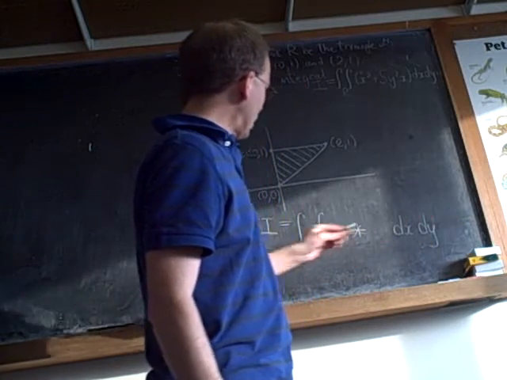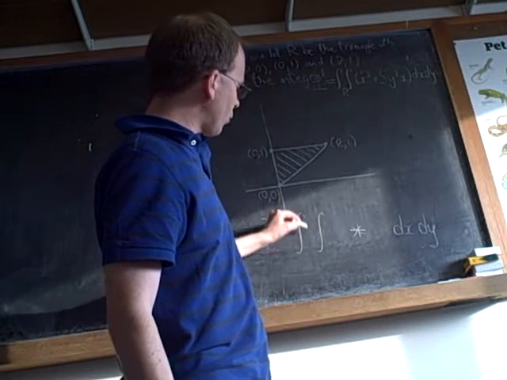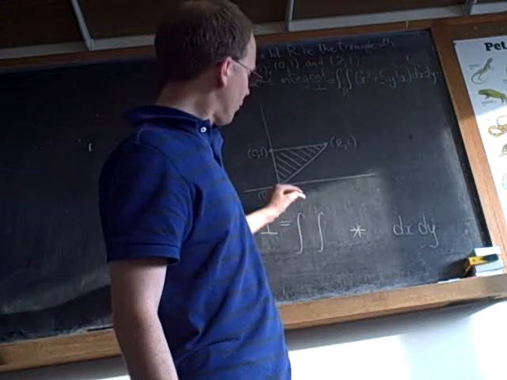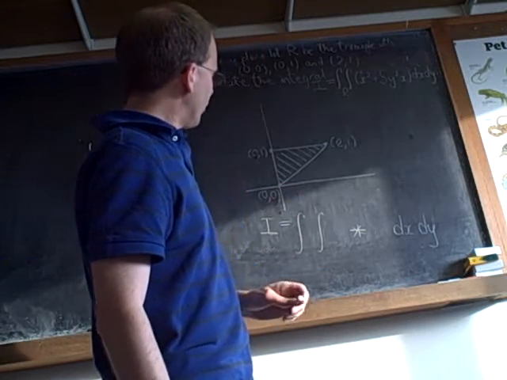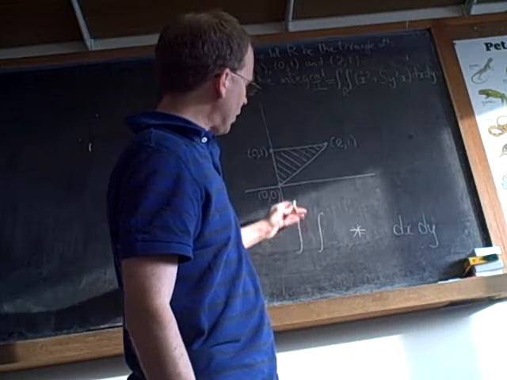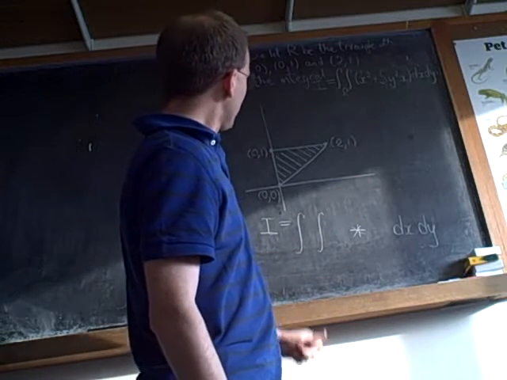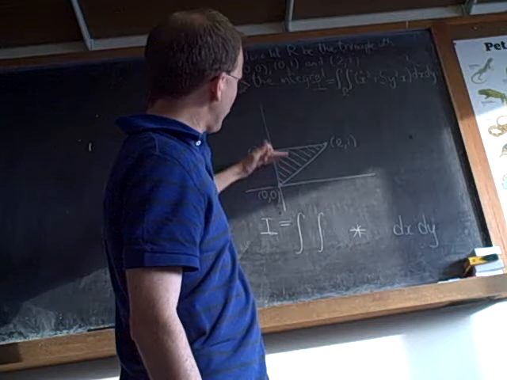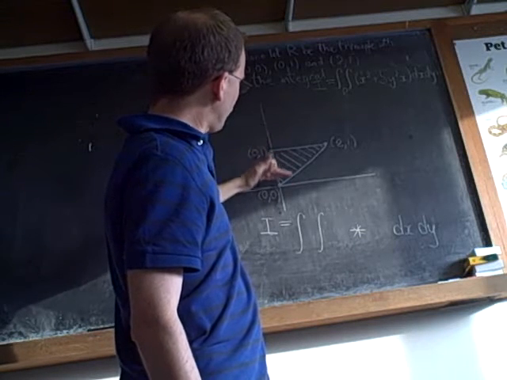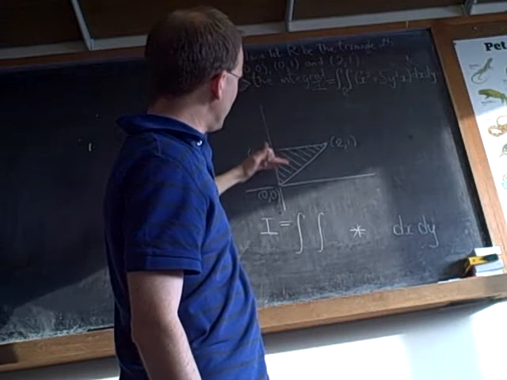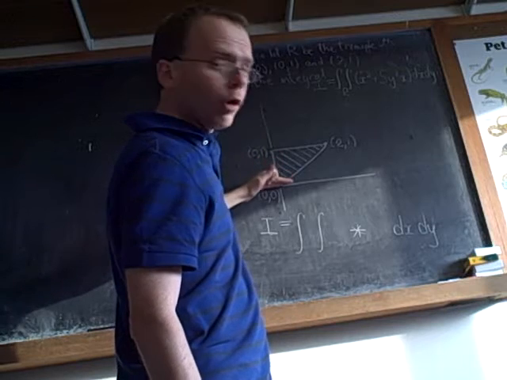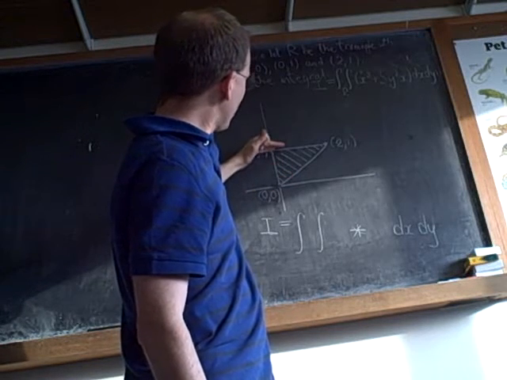So what does y do? Now, on the outside, you're always going to have just numbers, that is constants, and these numbers will tell us the overall range of values for y. Now, the range of values of y we have to go through to capture the entire region is from 0 down here to 1 up here.